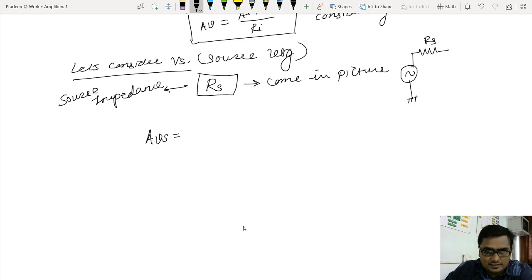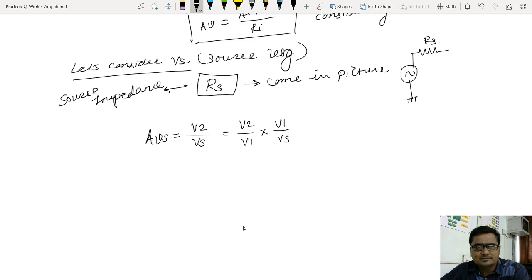So the equation will become V2 divided by Vs. Now follow the same process. If I write V2 divided by V1 multiplied by V1 divided by Vs, yes, it is valid, simple mathematics. V1 will get cancelled, and V2 divided by Vs will remain as AVS. So now simplify this again. AVS, what is this?